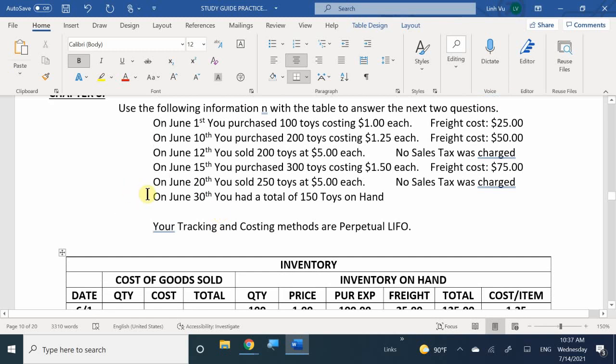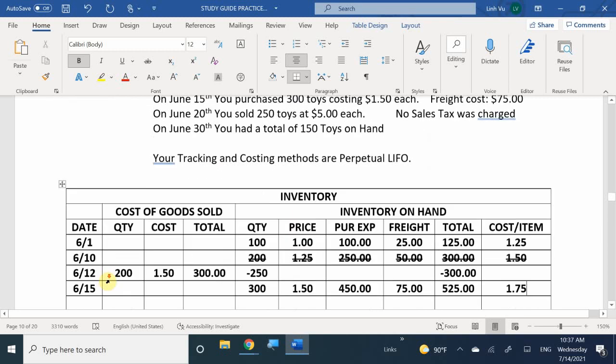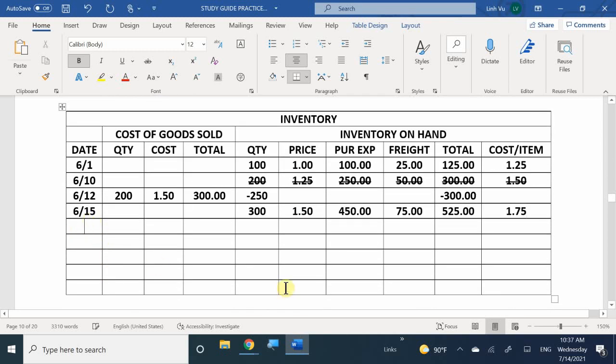The last thing that we have here is on June 20th, you sold 250 units at $5 each with no sales tax. So in this case, I sold another 250 items on June 20th.